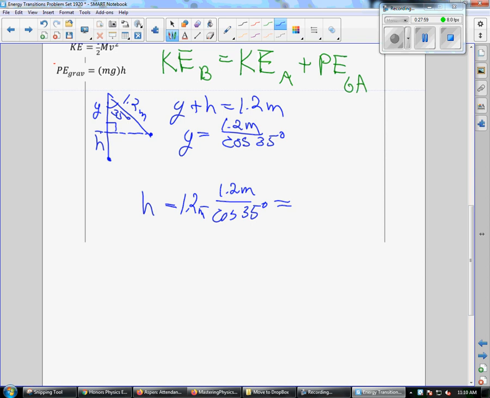So we can figure out H, which is the change in height of the pendulum bob, by that.